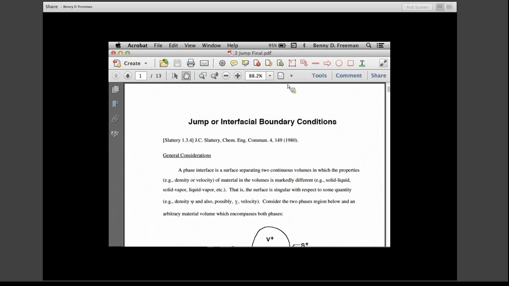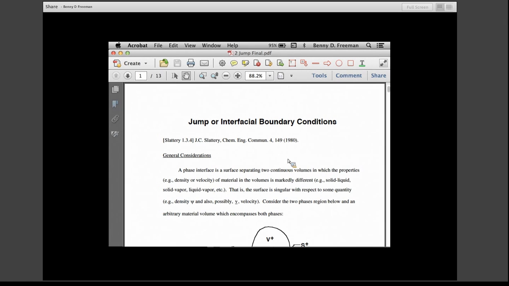The mass transport in any system is affected strongly, typically, by what's going on at the boundaries. And so what I'd like to talk about now are so-called jump or interfacial boundary conditions. And so the next little piece of the lecture is based on the theory and a detailed look at these boundary conditions.